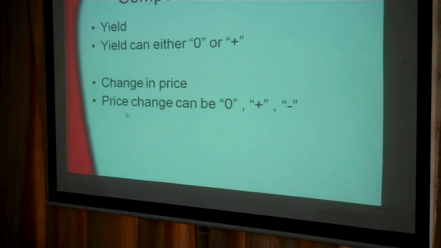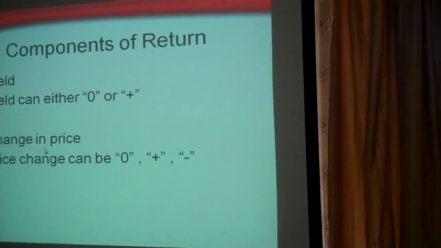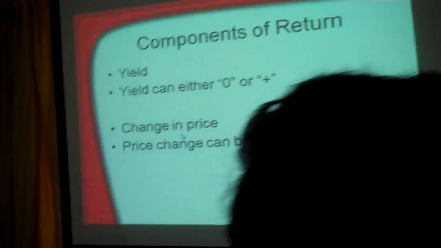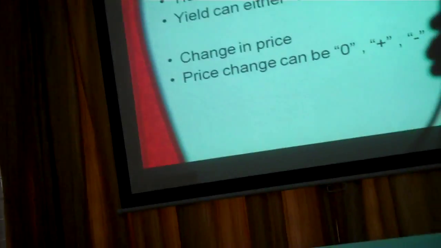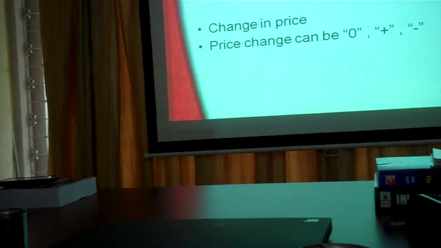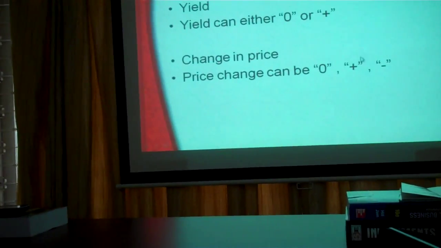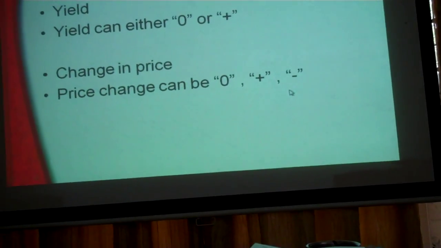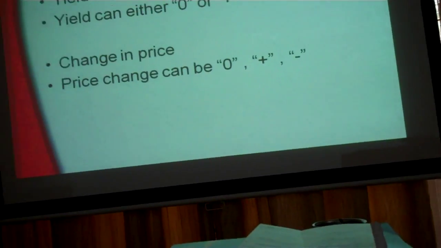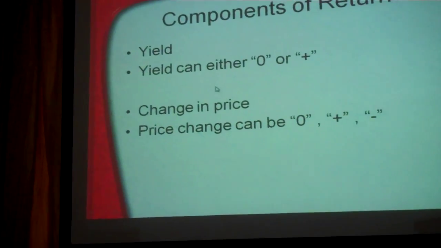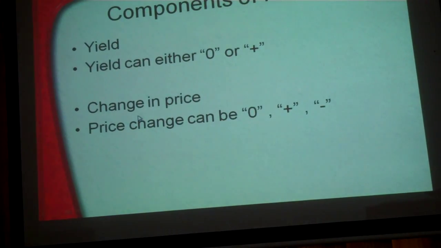Whereas the other component of returns is change in price. People always want to sell shares at a higher price and make profits, right? So that can turn out to be 0, plus or even minus, right? So there are two components of returns. As I said, one is dividends, the other one is capital gain.